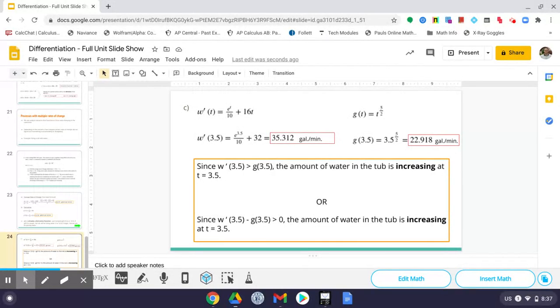We would have a negative overall rate of change. This subtraction, w prime of t minus g of t, is what we would call the overall rate of change function for this scenario. I can understand exactly what's happening at any time t by putting together those two pieces with subtraction. It would tell me whether the tub is increasing or decreasing.